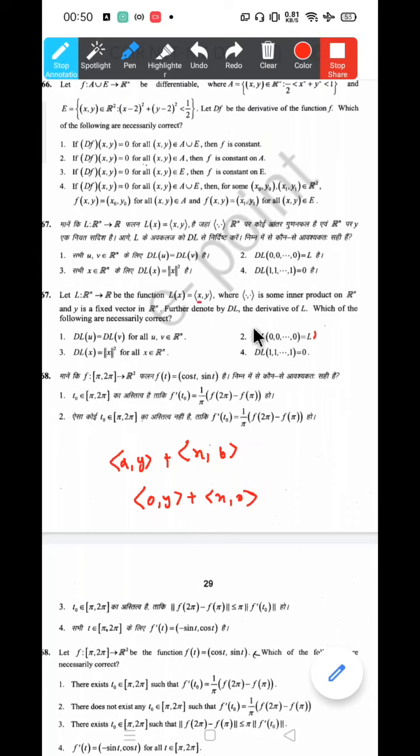So I can say that option 2 is correct. Yeah. If option 2 is correct, then is it true? Yeah, I think this will be true for anything, because derivative of that will be derivative dL at, yep, derivative of L. Yeah, and let us go to the next one.